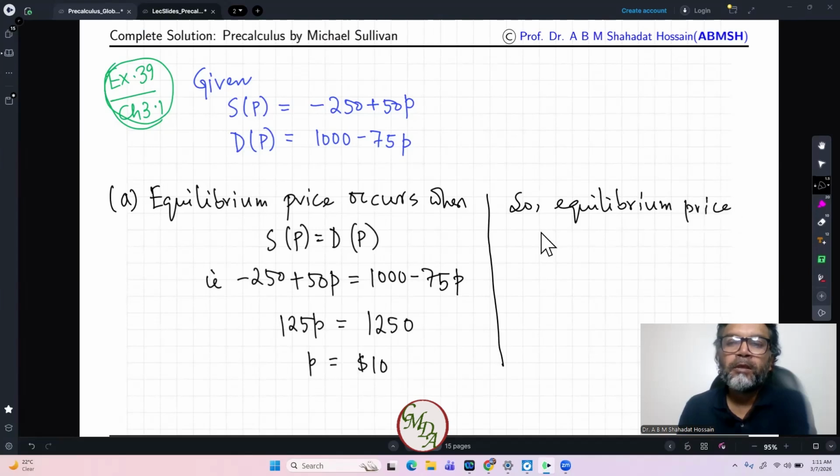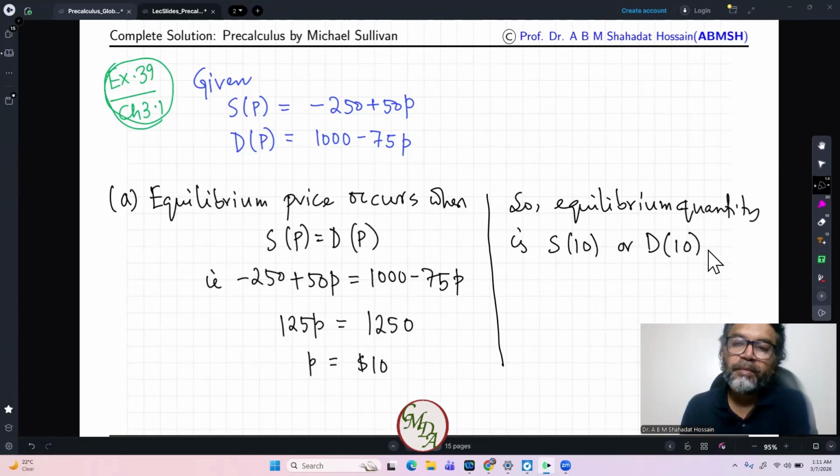So equilibrium price, sorry, not equilibrium price; the price you already got. The equilibrium quantity is either S of 10 or D of 10, because we consider both are the same at the equilibrium price.